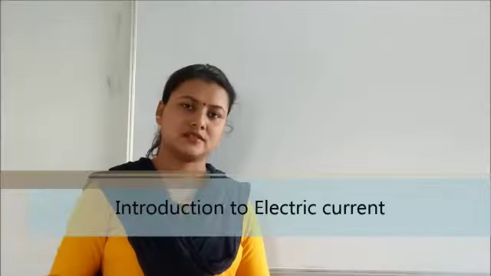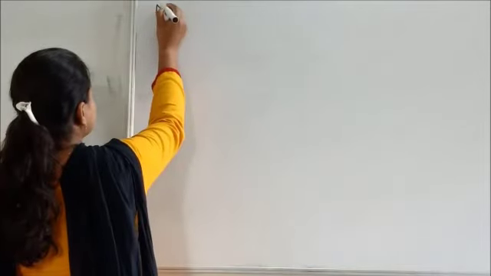Hello students, our today's topic is based on the most commonly used source of energy in our house, that is electricity. Before that, we will discuss insulators and conductors, or we can say metals and non-metals.